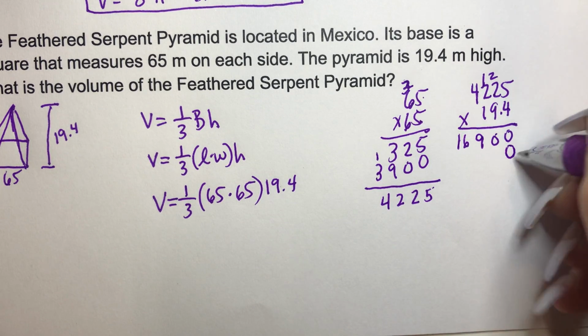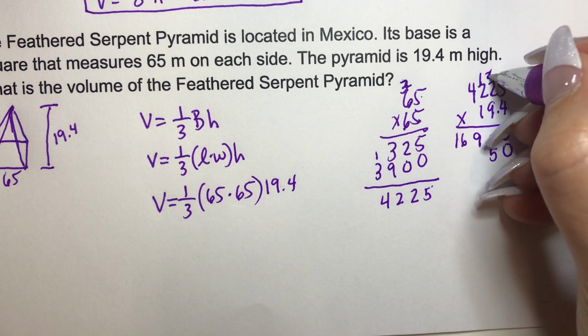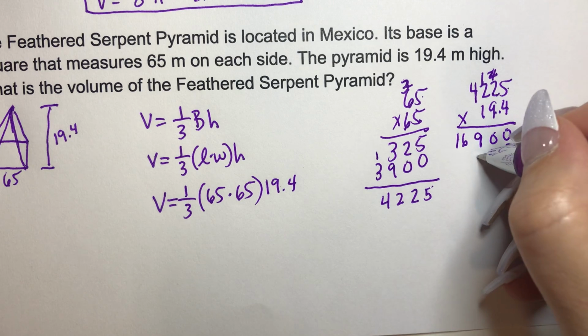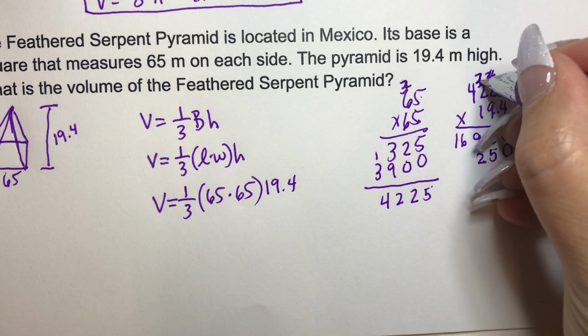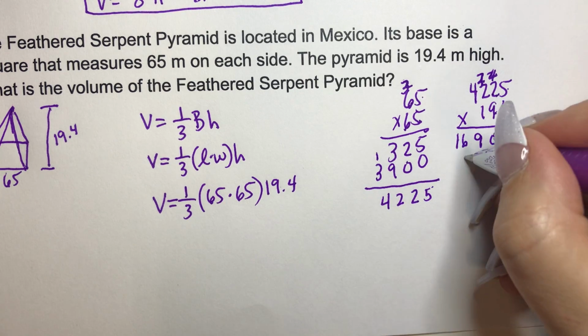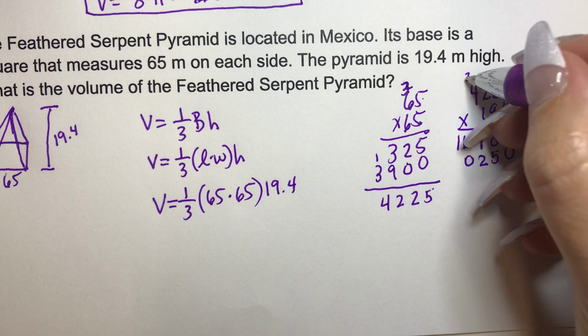And then we go to the 10, so we put a 0 on the 1. 9 times 5 is 45. Write the 5, carry the 4. 9 times 2 is 18, plus 4 is 22. Write the 2, carry the 2. 9 times 2 is 18, plus 2 would be 20. 9 times 4 is 36, 37, 38.